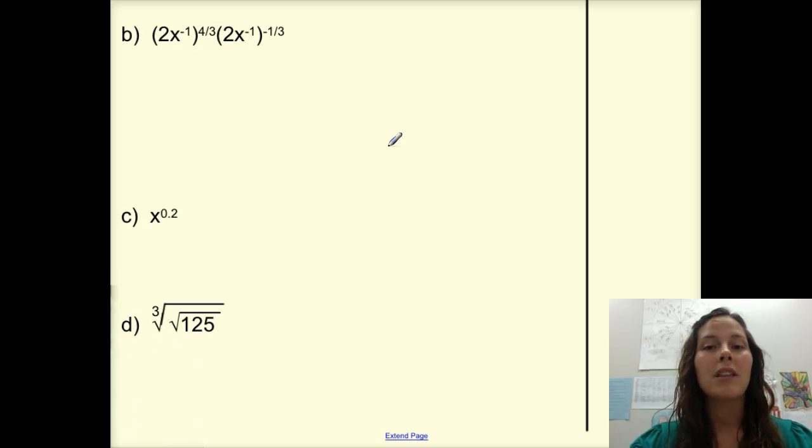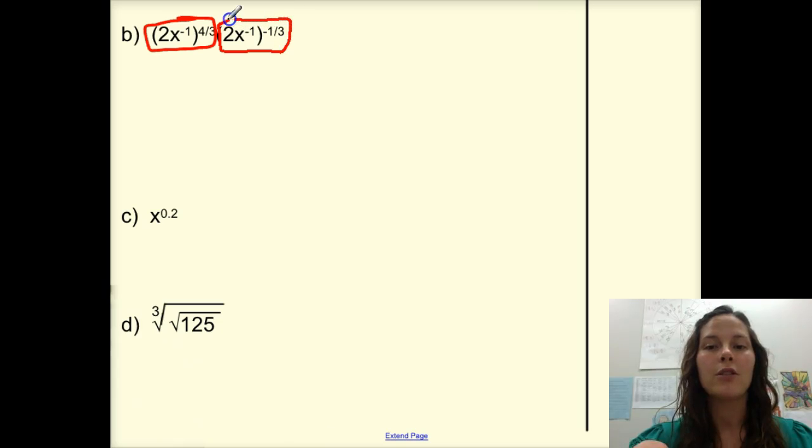Now notice part B, the base is quite a bit more complicated, but these two powers, here's the first power that I'm referring to, and this is the second power that I'm referring to. Notice they have the same base. The base for each of these powers is 2x to the negative 1. So I can use the same rule that I just used on part A and add those exponents together, the exponents being 4/3 and negative 1/3.